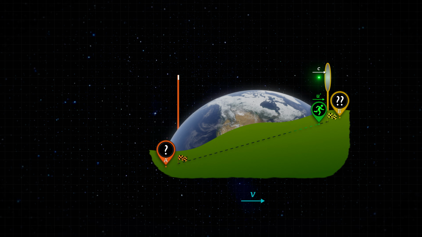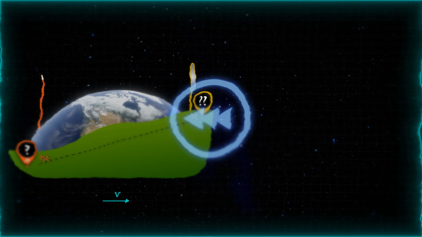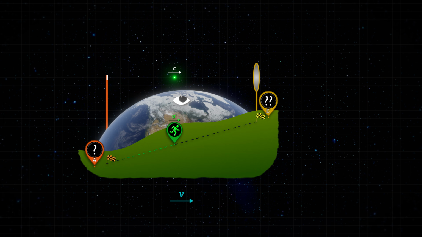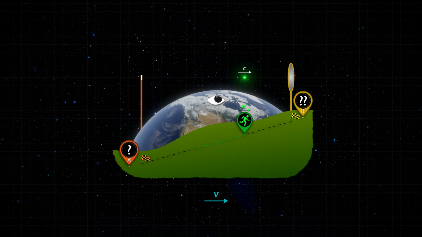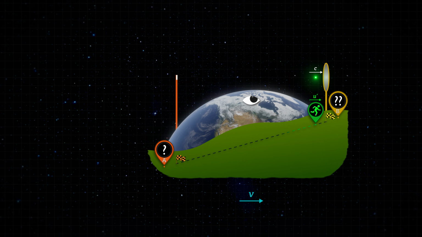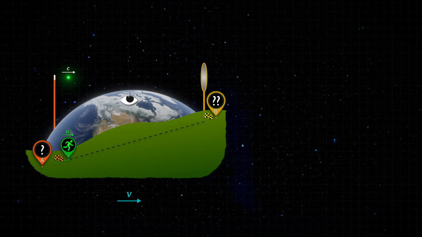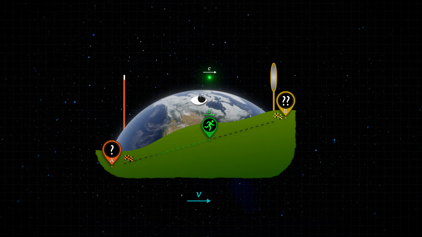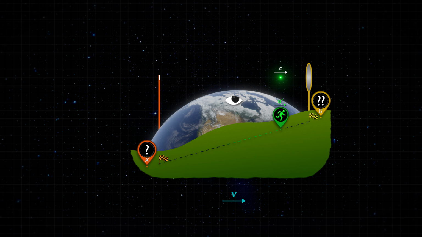So if light is moving through space at speed c in the same direction that Earth is moving through space, we might expect observers on the Earth who possess a magical one-way light speed measuring device to measure the speed of that light signal to be slower than speed c, simply because the observers are moving together with the Earth in the same direction as the light signal.